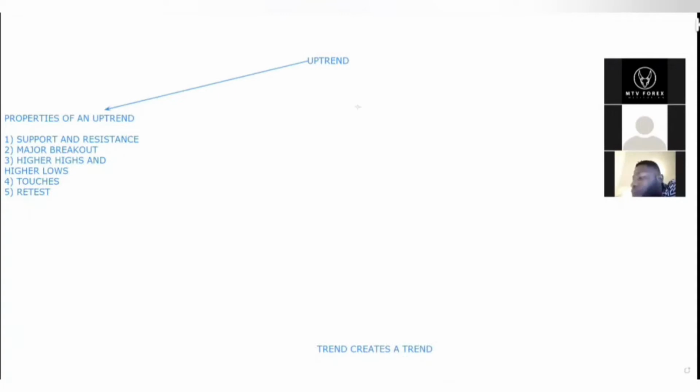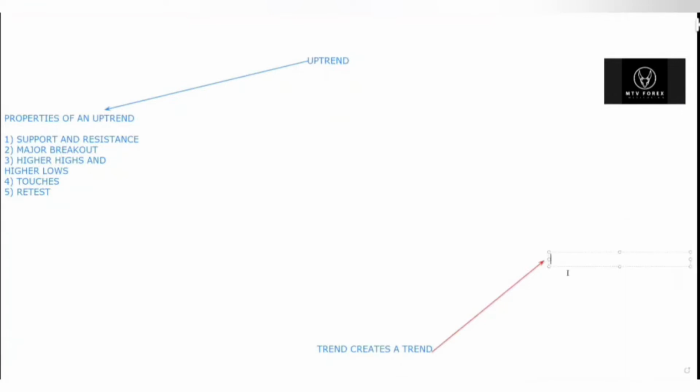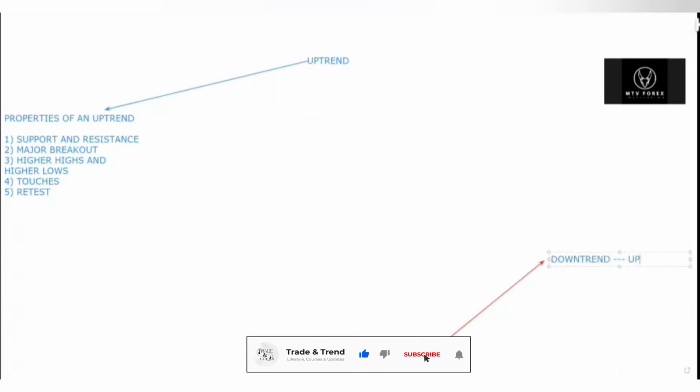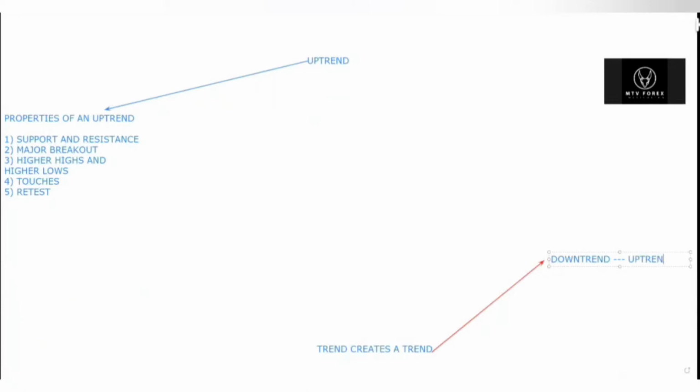What am I telling you here? What I'm telling you here is that it is a very simple thing. A downtrend, what does it do? It creates an uptrend. Understand?